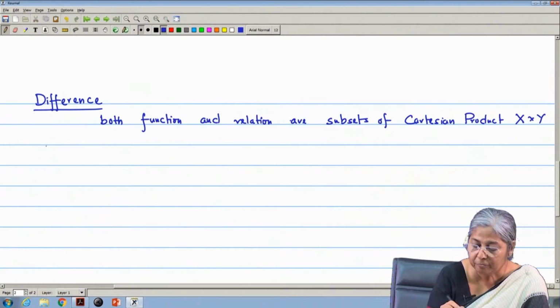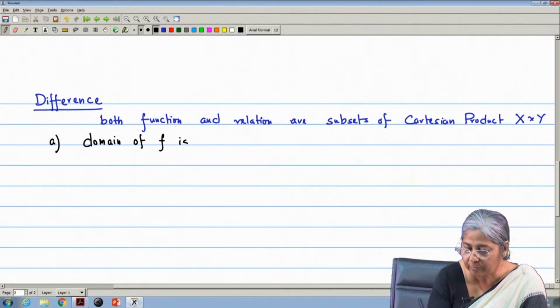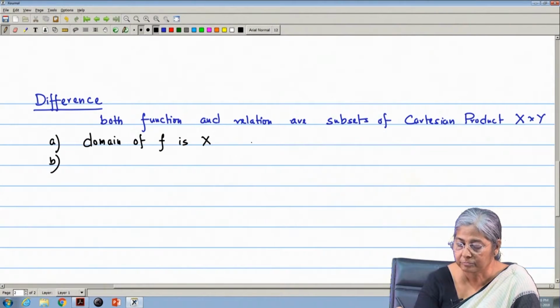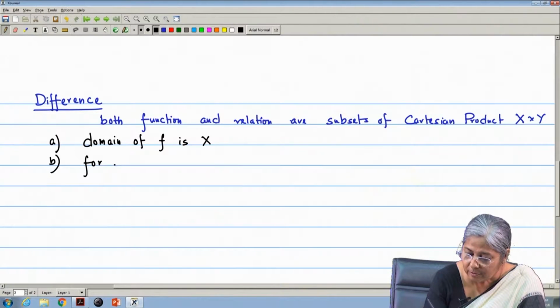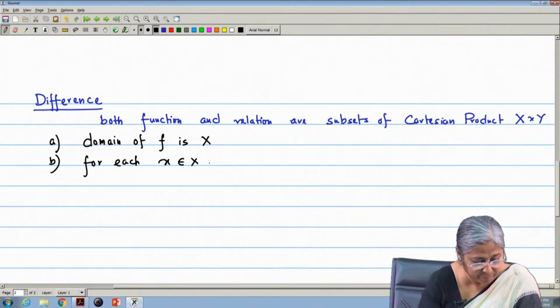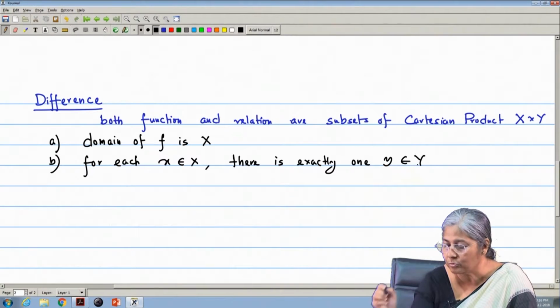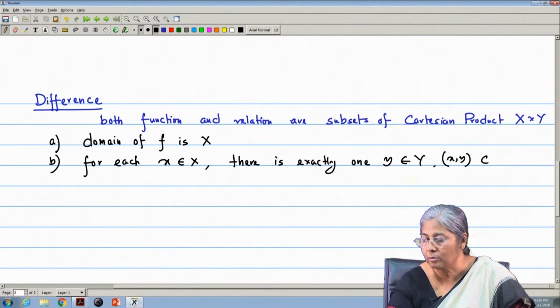Now, in the definition of function, if we remember, the domain of f is X. Here also the domain is X for R. Now, for each X belongs to X, there is exactly one Y belongs to the set Y such that X Y belongs to f.